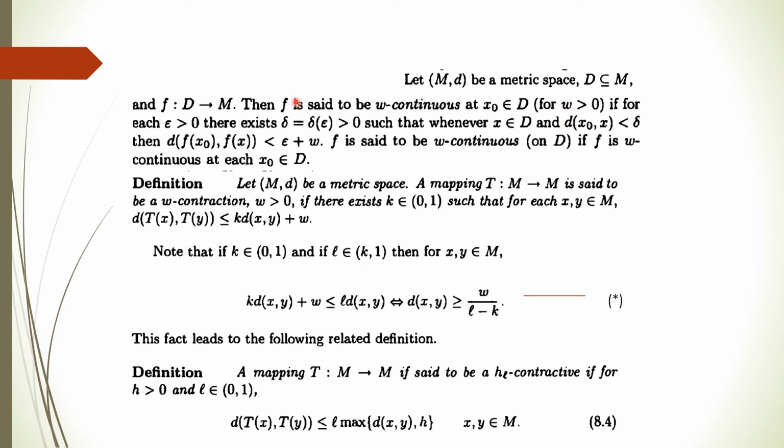Then this function is said to be W continuous, and if it is true for every point of the domain, then we say that this function is W continuous on the domain D.